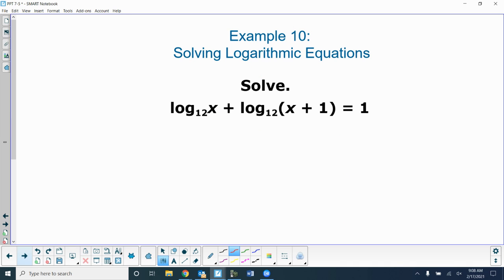Okay, so this one has addition, so what should I do? Make it 1 by multiplying them, right? So log base 12 of x times x plus 1 equals 1, right? You okay with that? You got to have it a single log first before you can solve it. Now, what's the exponential problem now?